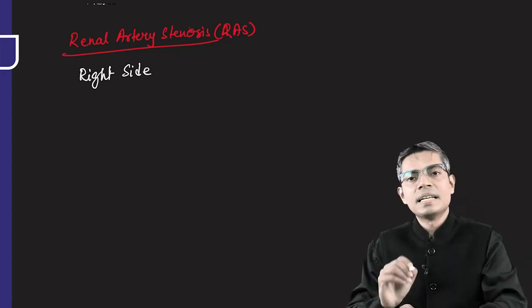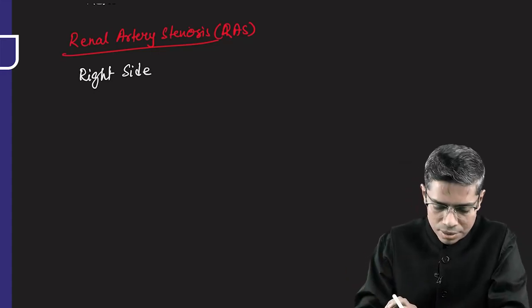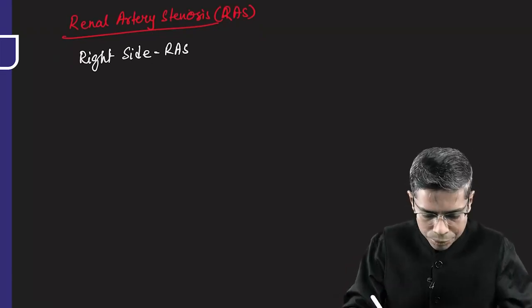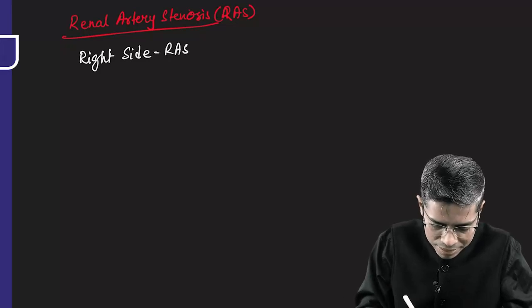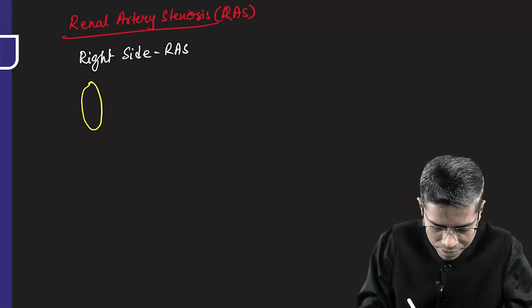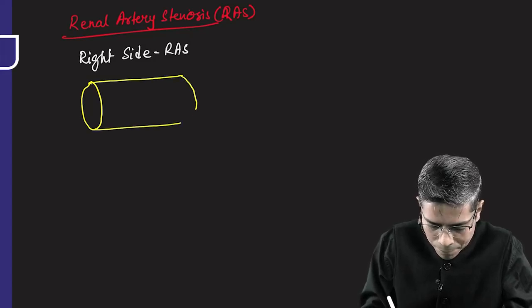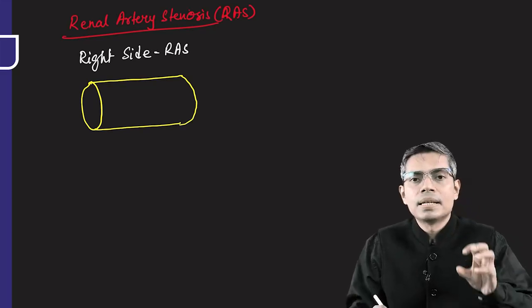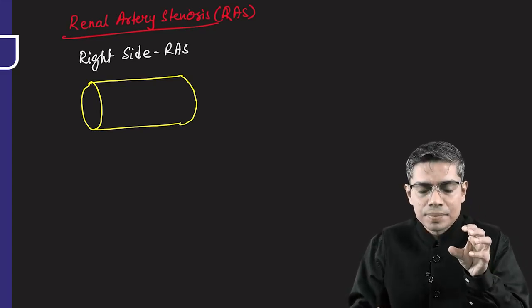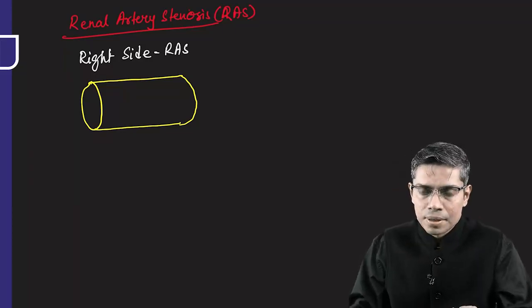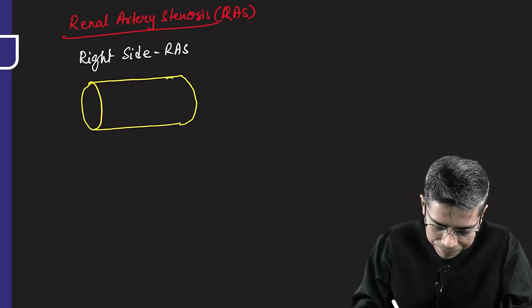Right sided renal artery stenosis. So if I draw a schematic diagram, suppose this is the right sided renal artery. Could you recall that it is the renal artery which ultimately gives rise to the afferent arteriole. So the JG cell will be located at the level of the afferent arteriole.